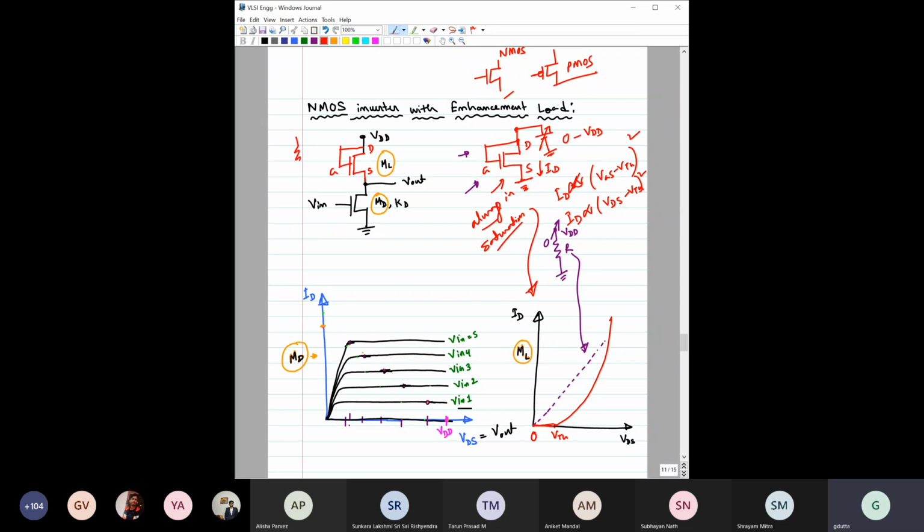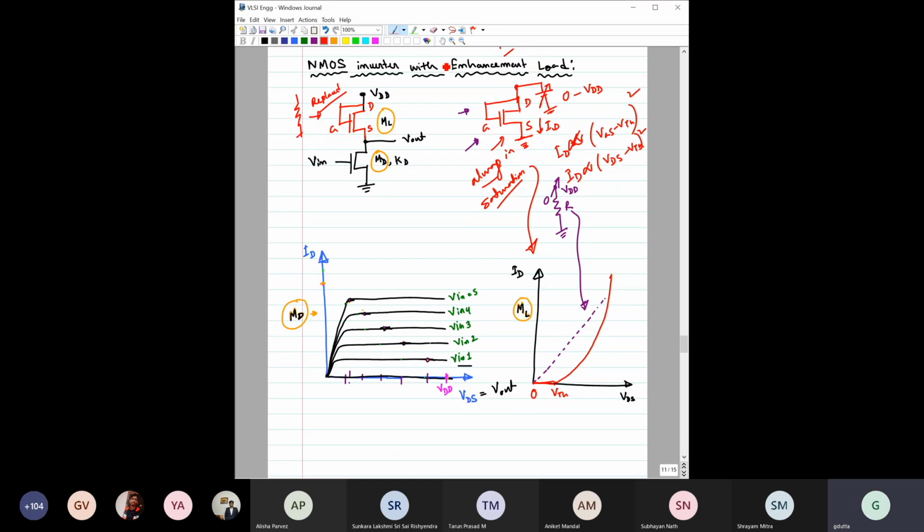Earlier we had a resistor here; now we have replaced it with this transistor. This is the normal transistor that we have used earlier, so the ID versus VDS characteristics would look something like this. Now for this one, the current voltage characteristics would look something like this.